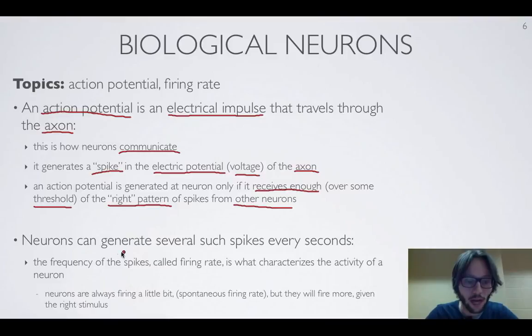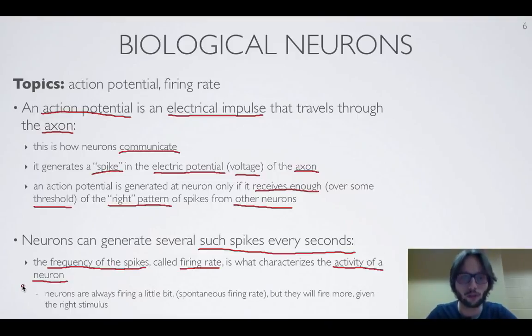Now, neurons will actually generate several spikes every second. So there's going to be a frequency of spikes, and this is called the firing rate of a neuron. This is one of the main characterizations of the activity of a neuron. We'll often look at its firing rate as a number that describes whether a neuron is very active or not.